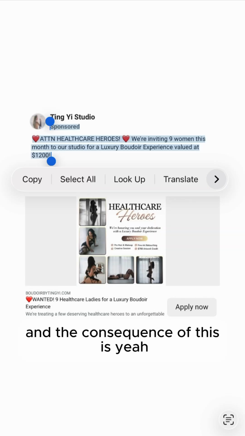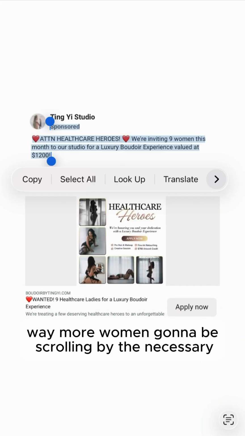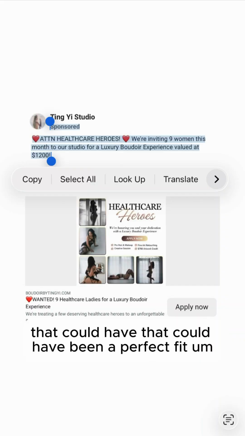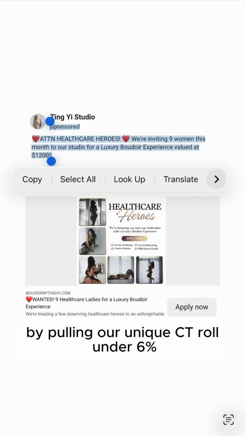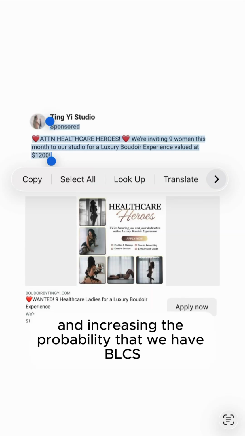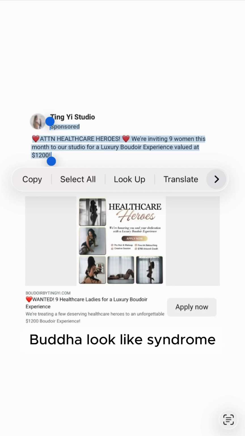And the consequence of this is way more women are gonna be scrolling by than necessary. That could have been a perfect fit, but they're scrolling right on by, pulling our unique CTR under 6% and increasing the probability that we have BLCS, Boudoir low click syndrome.